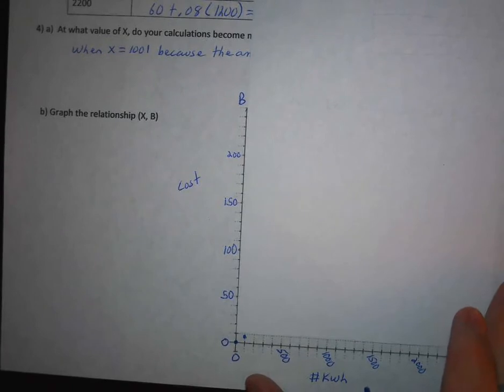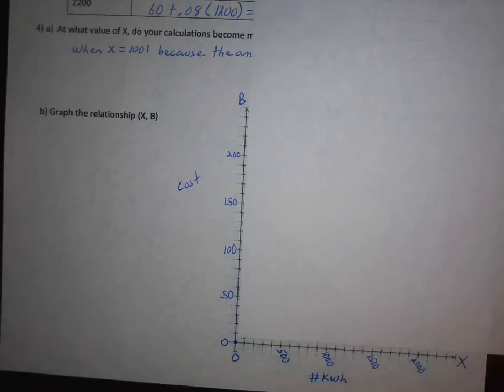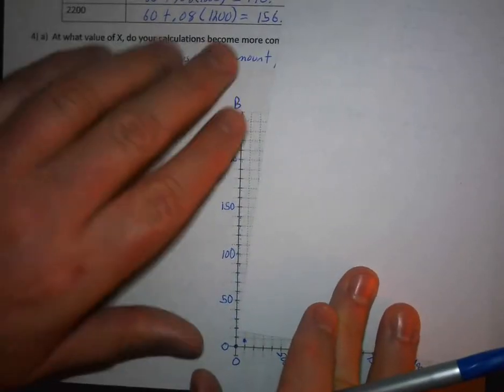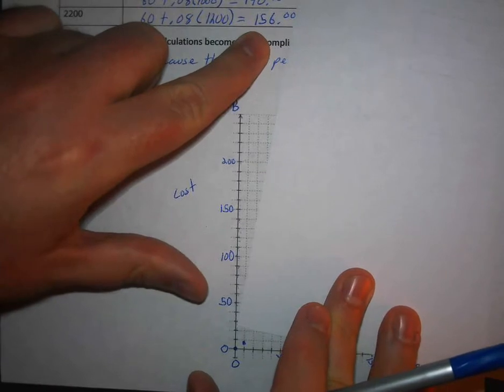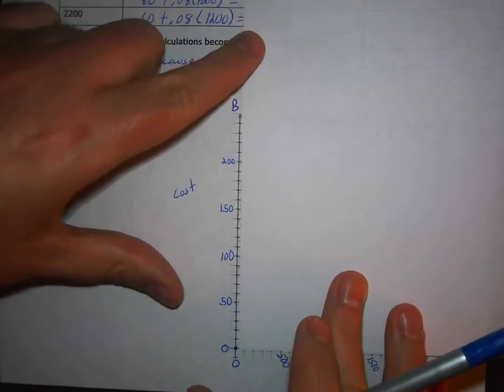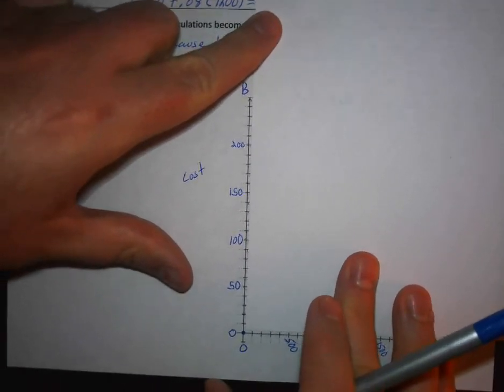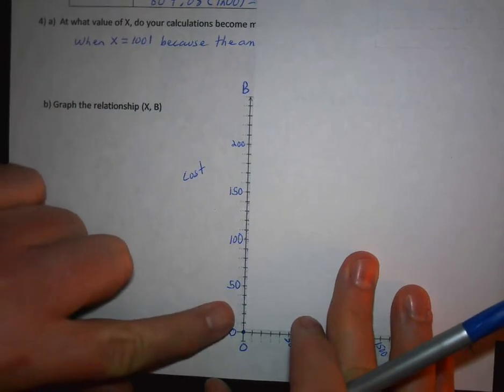So if you let each box represent 100 kilowatt hours, then that works out fairly nicely. And then up the side is the total cost or the total bill. The lowest amount was $0, and the highest amount that we had to plot was $156. So if you went up to maybe $200 or so, what worked pretty nicely is if you use 10 for each tick mark.